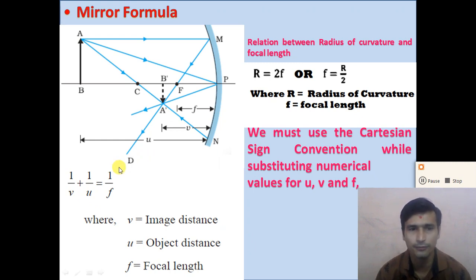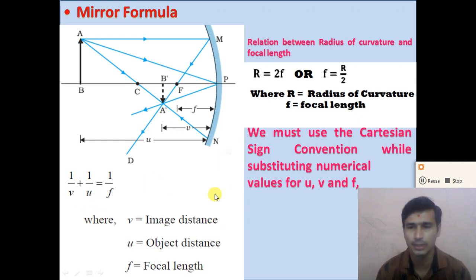Once the focal length of the mirror is fixed, for different object distance u, we can easily calculate the image distance. If we know the object distance and the image distance, we can calculate the focal length. If we know the focal length and the image distance, we can calculate the position of the object.